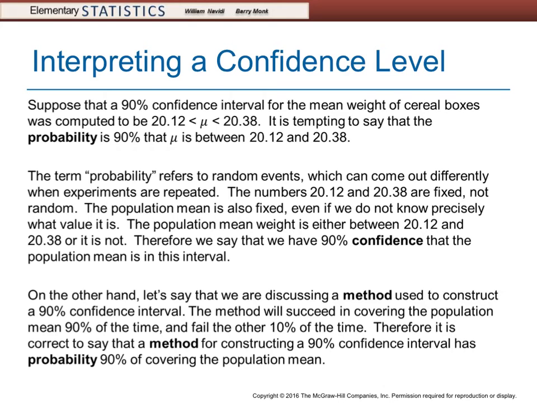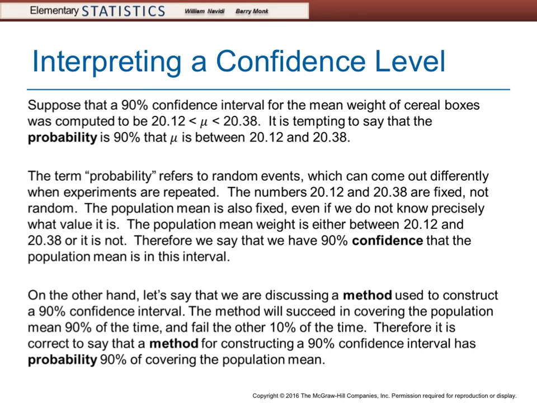The term probability refers to random events, which can come out differently when experiments are repeated. The numbers 20.12 and 20.38 are fixed under this method, not random. The population mean is also fixed. Even if we do not know precisely what the value is, the population mean weight is either between 20.12 and 20.38 or it is not. Therefore, we say we have 90% confidence that the population mean is in this interval.